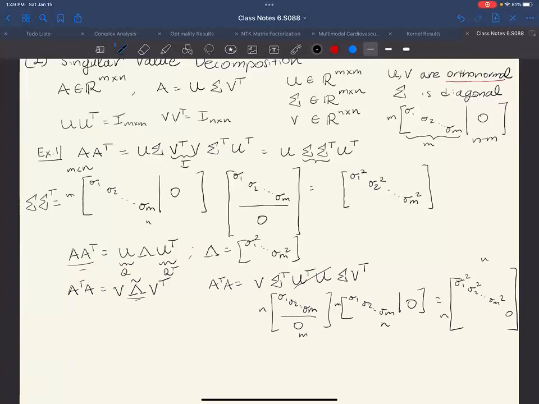Okay. So by doing the eigen decomposition of AA transpose and A transpose A, there's a way to figure out what these U's and V's are. But of course, in this course, we're going to not do this by hand. We're going to do this by computer, and the relevant functions in NumPy are these eig functions. So in an actual library online, you'll use the eig function or the SVD function.